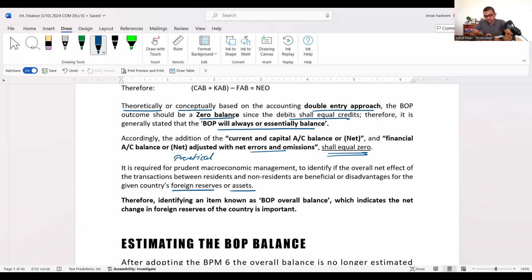Practically, when we engage in economic activities with the rest of the world, that is what we record in the BOP. We will come to a certain situation where our inflows of foreign currency are either more or less than our outflows. The example I took was more relevant to Sri Lanka. If our outflows of foreign currency are more than our inflows, we have a gap. Okay, a foreign currency gap is there.